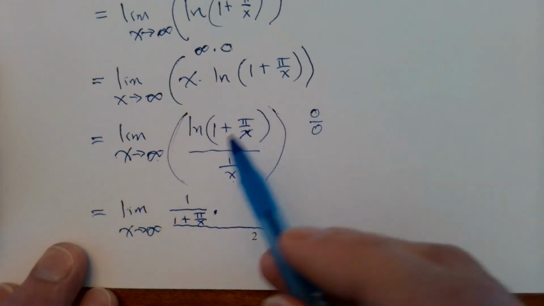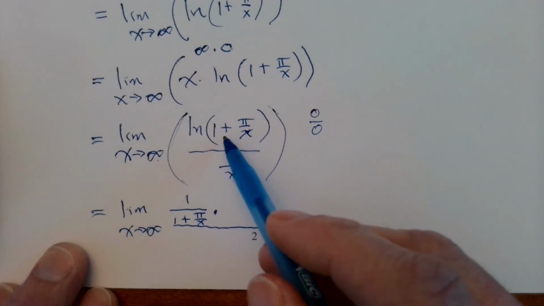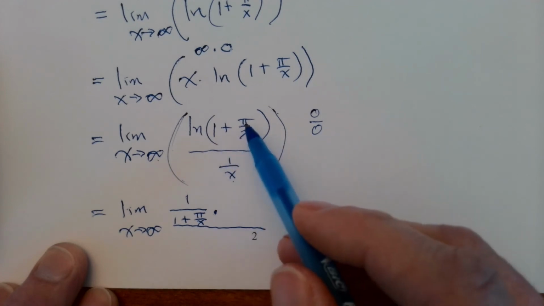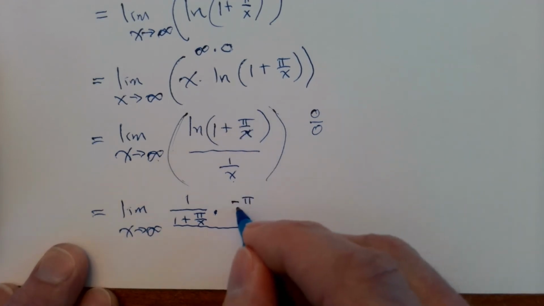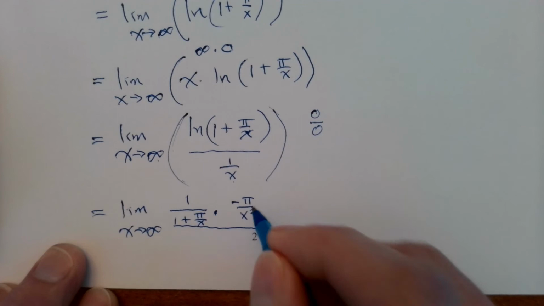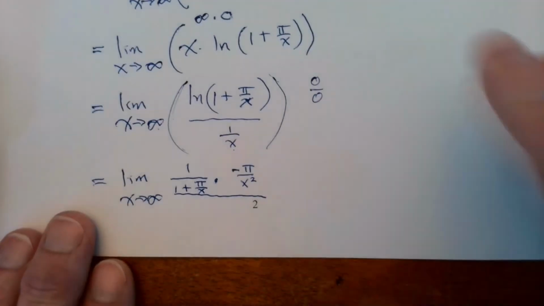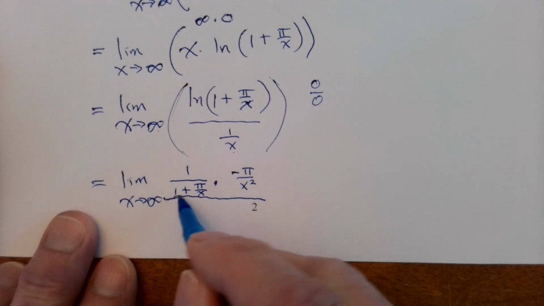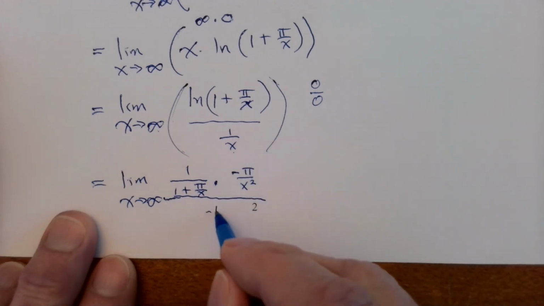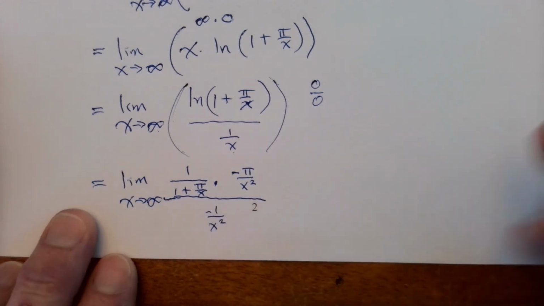And that turns out to be 0 here plus negative pi x to the negative 2, or how about just negative pi over x squared? The denominator's derivative is a little less complicated. It's just the derivative of that, which turns out to be negative 1 over x squared.